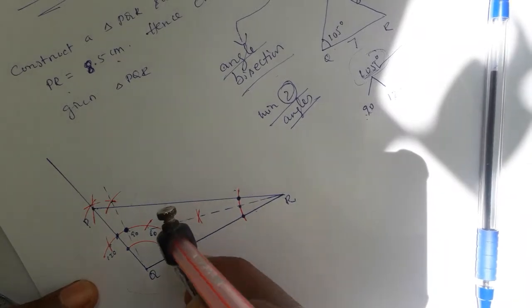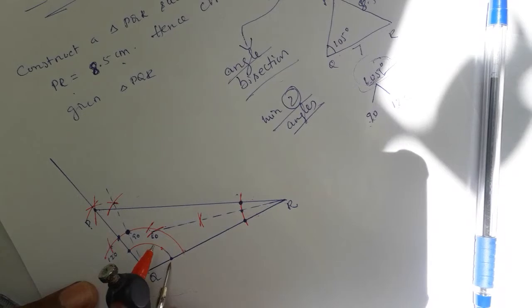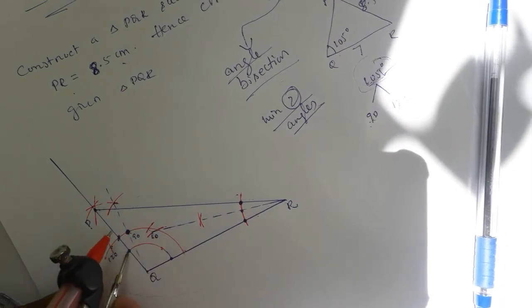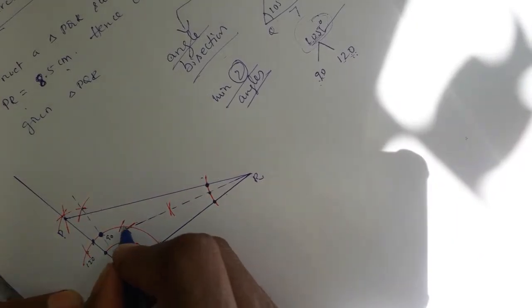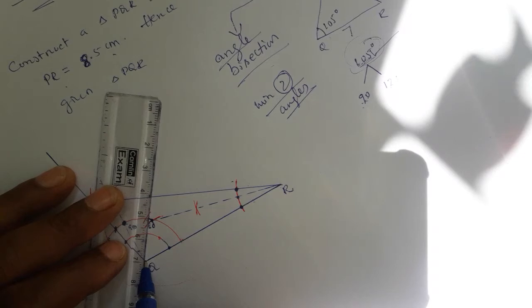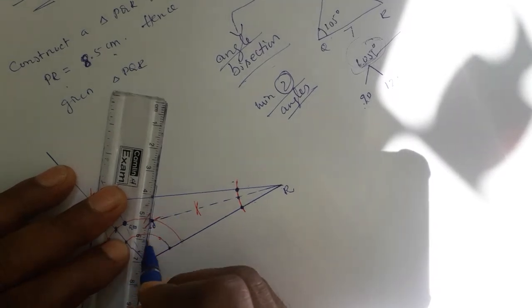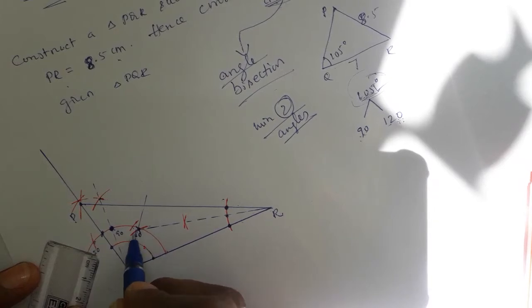Now from there I have to cut two more arcs, from this dot one and from this dot another one. Now both meet here. Now I have to join Q and that point in a dotted line. See, the first angle bisection is this, the second angle bisection is this. Both are meeting here.